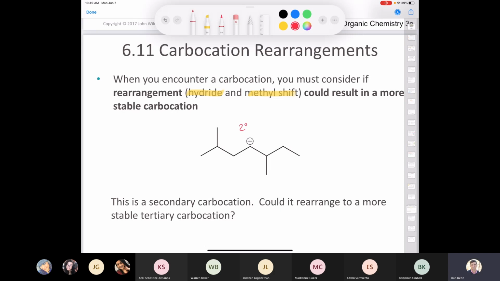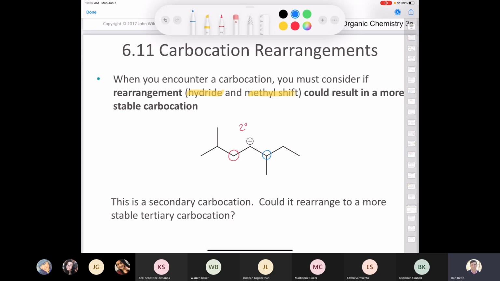Okay, so we have to ask ourselves, will this rearrange to produce a more stable carbocation? The only possibilities for rearrangement are for something to rearrange from here or something to rearrange from here. So will it rearrange from one of those sides?